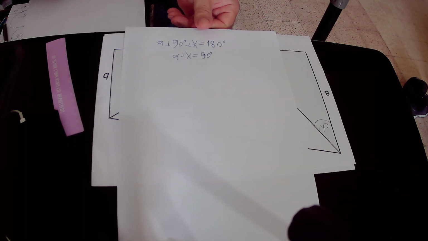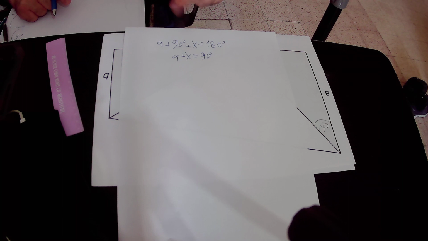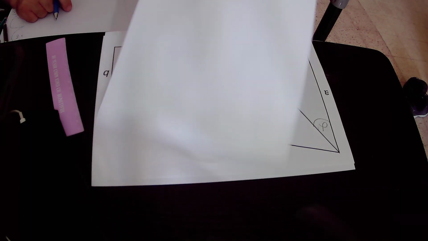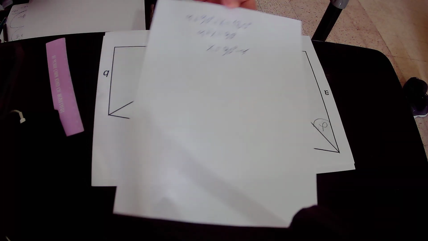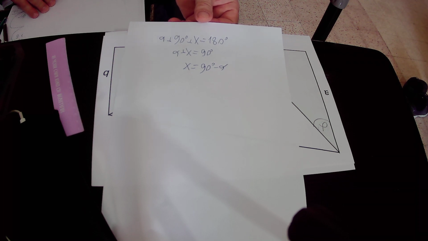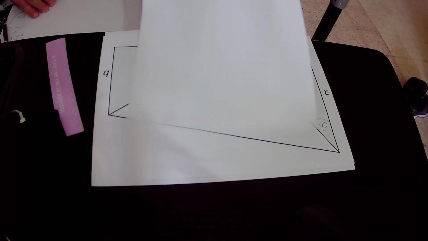As you can see here, we subtracted 90 degrees from both sides of the equation, so we got that alpha plus x equals 90 degrees, and finally x equals 90 degrees minus alpha.